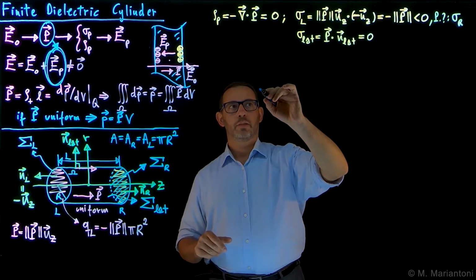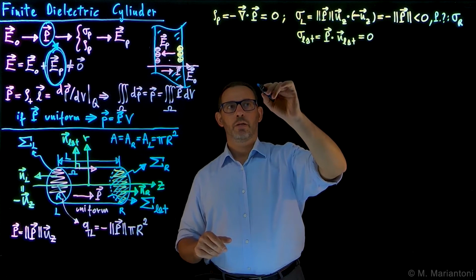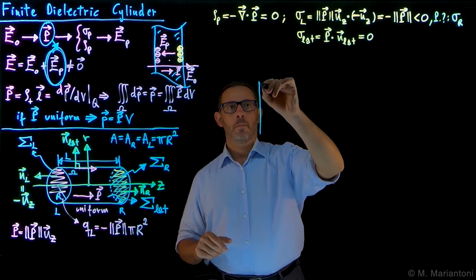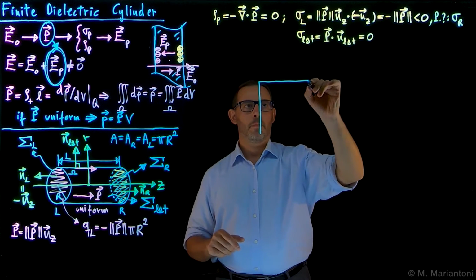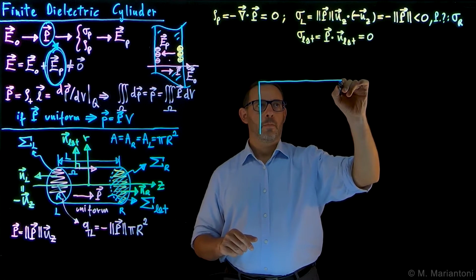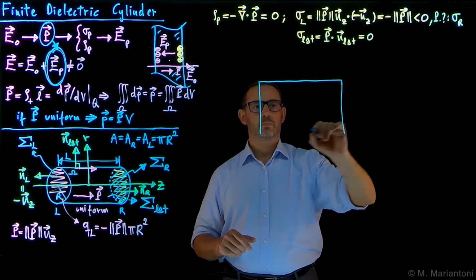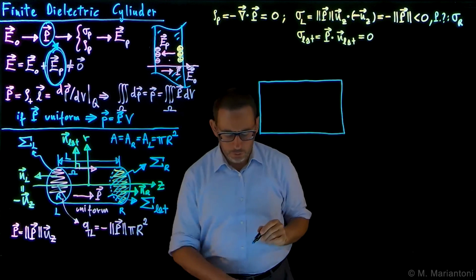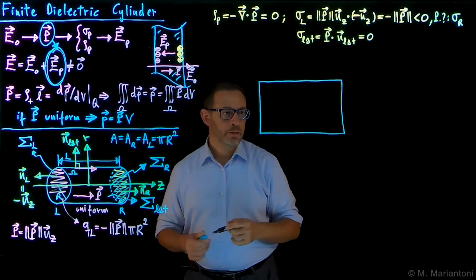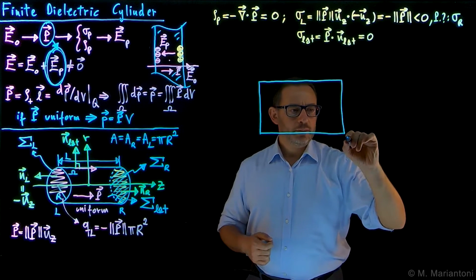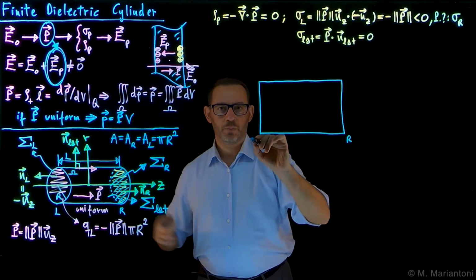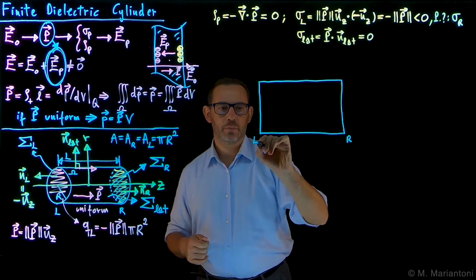Let's put it here. This is the side view of the cylinder, where this is the right hand side, so the right surface base, and this one is the left base.